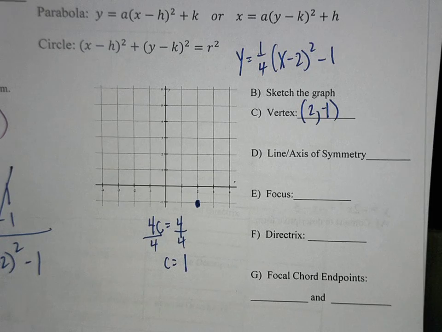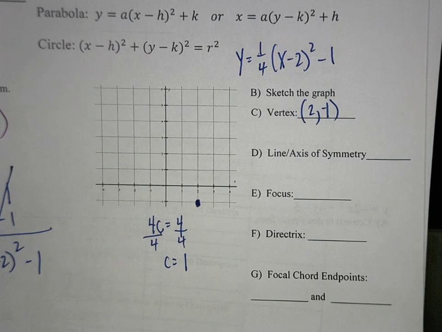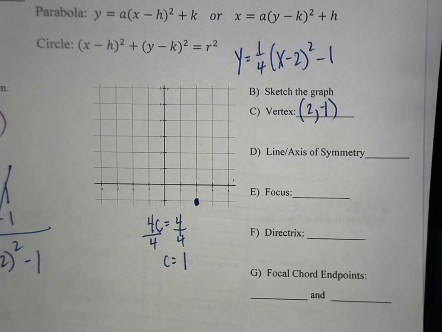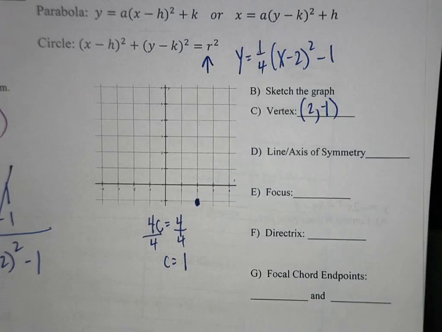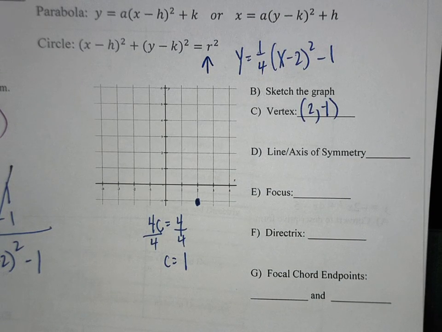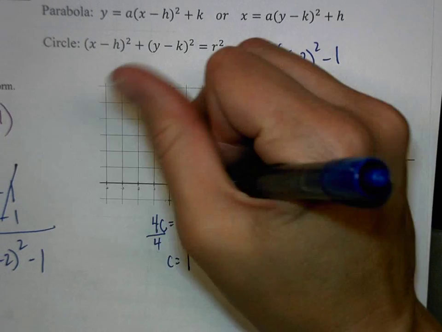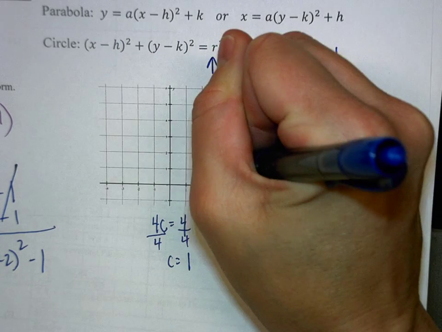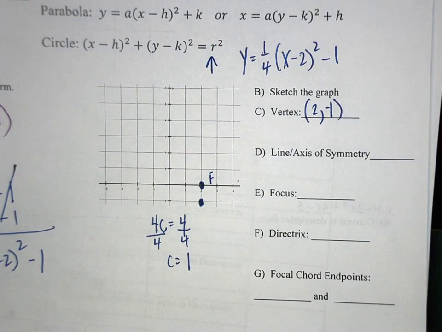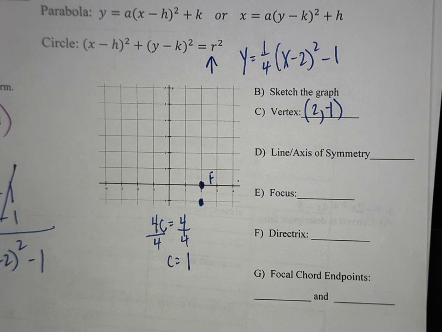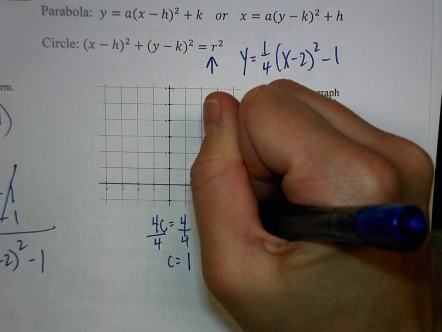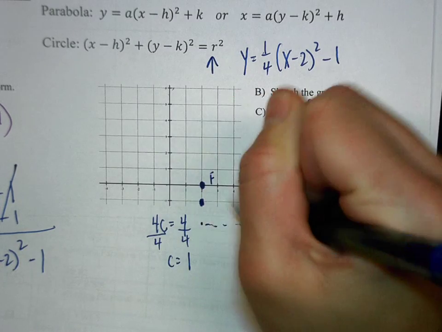Now, is the graph going to go up or down, or right or left? Up. So that means that my focus is going to be up by 1, and we're going to label that as the focus. And the directrix is down by 1. And it's off here, so sorry.